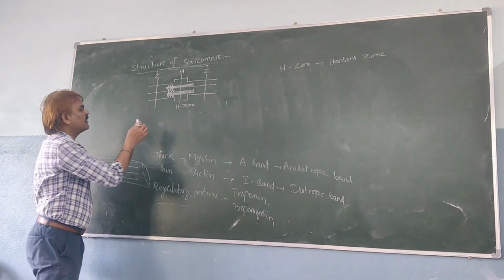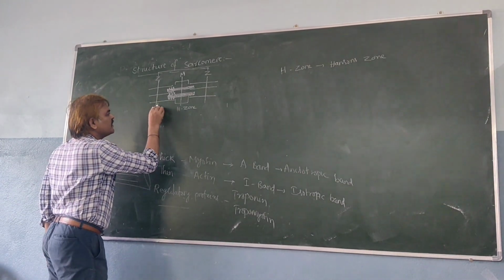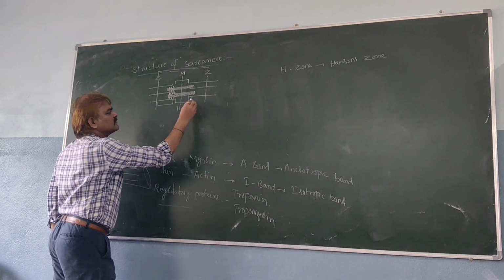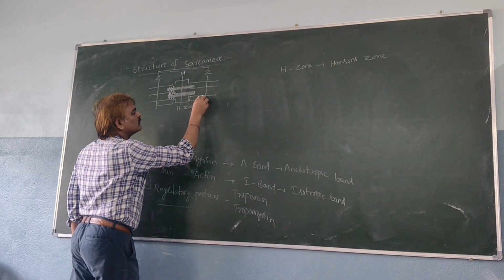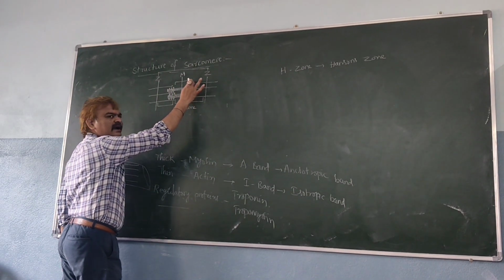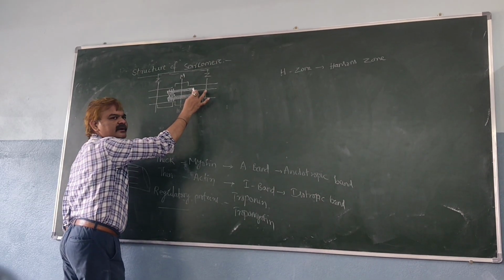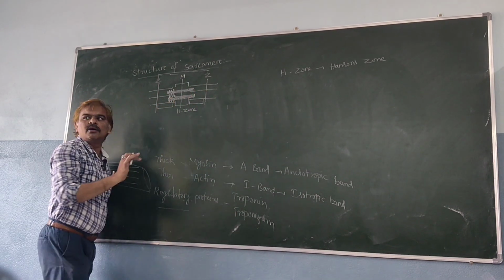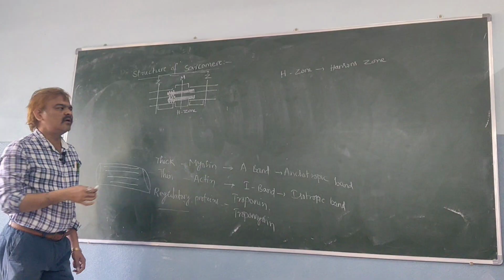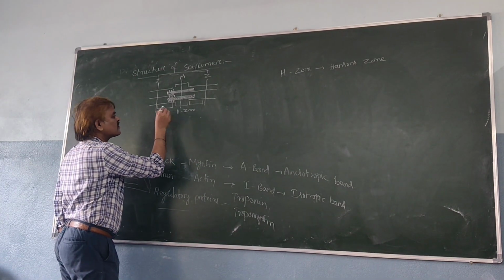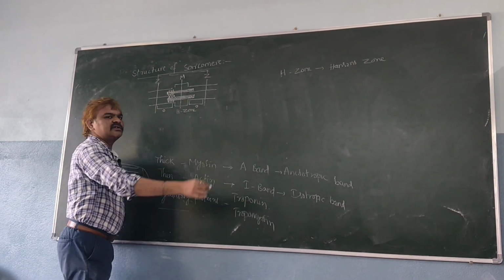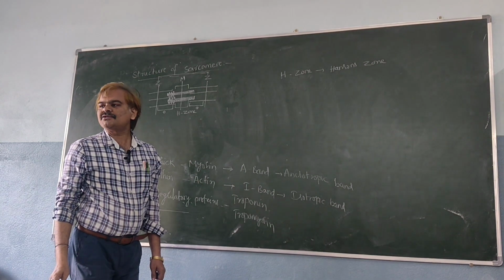And coming to here, from here to here, what will be present? Check. One thin band will be present, one thick band will be present. Both are present, yes or no? That is the reason why this is called the O zone. O zone is nothing but the overlapping zone.